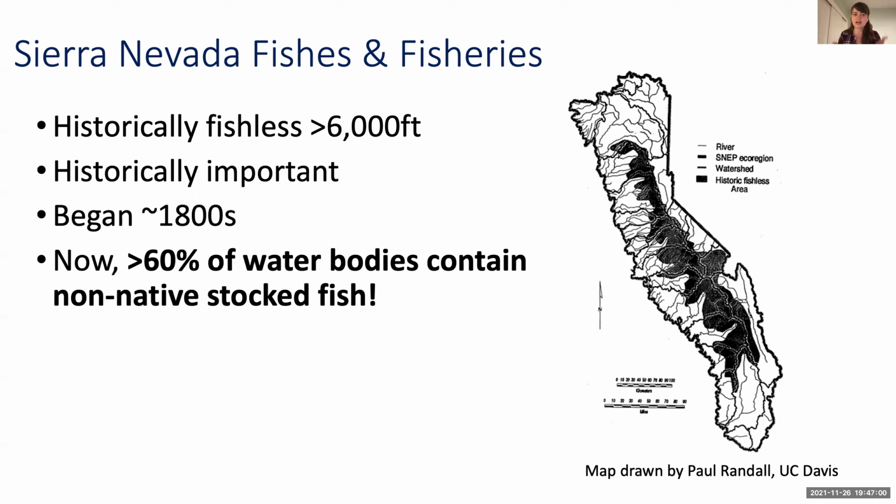That low elevation, high elevation difference exists basically because when the mountains rose so rapidly, there wasn't time for the fish to get into these higher alpine lakes naturally through connected streams and so forth. And so there's just no fish at the top and more fish at the bottom until they were stocked.